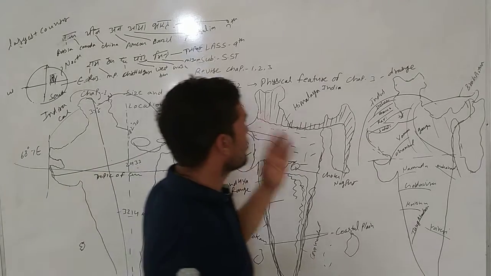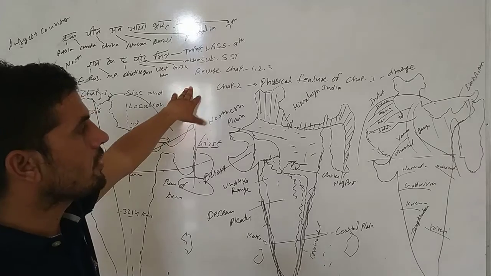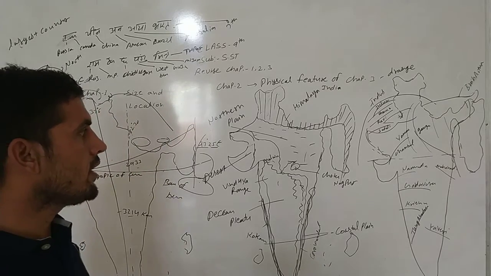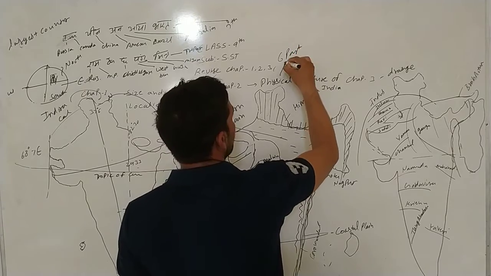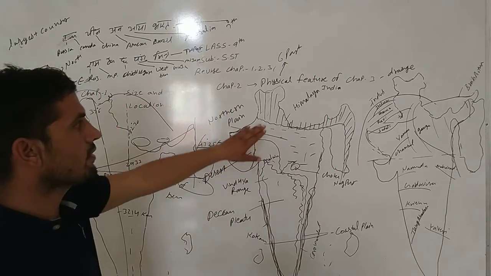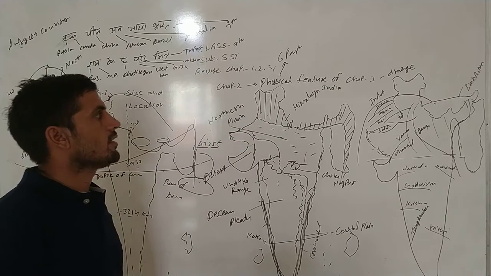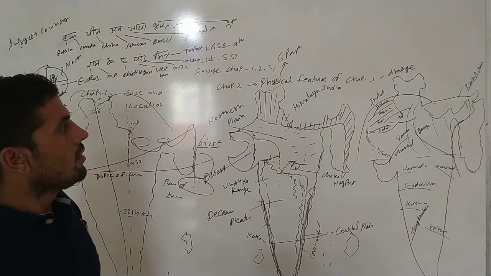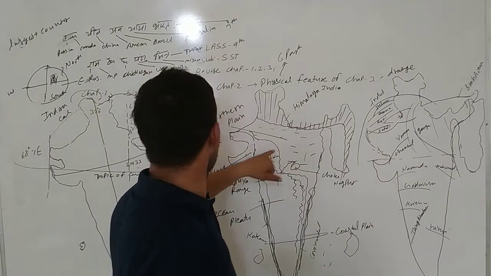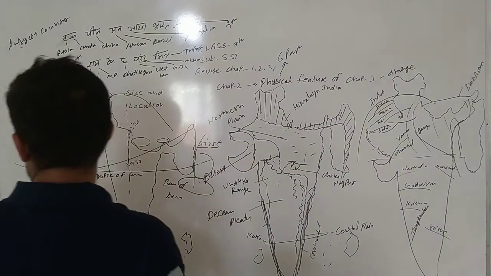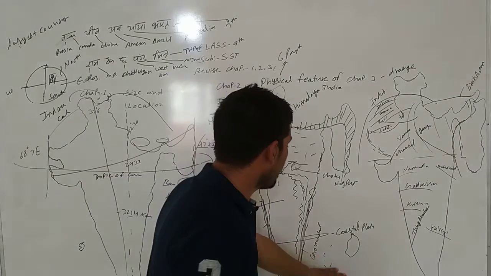Now we come to the physical features of India, chapter number 2. In this chapter, India is physically divided into 6 parts. The first part is the Himalaya, the topmost part. Then the northern plains, desert, central plateau, and coastal area.